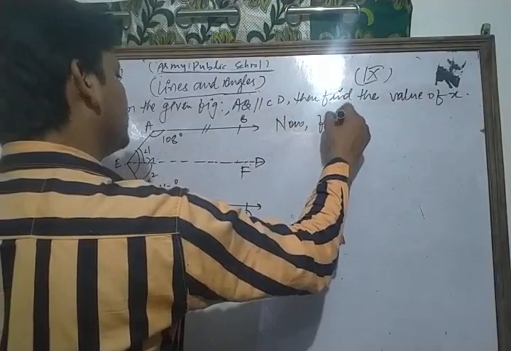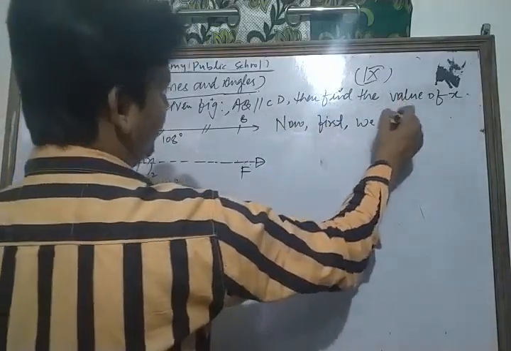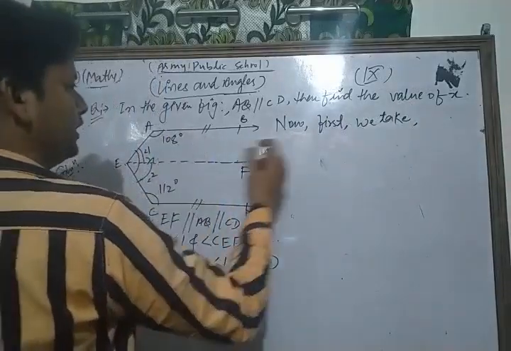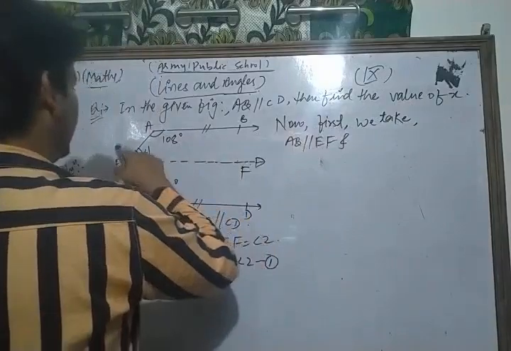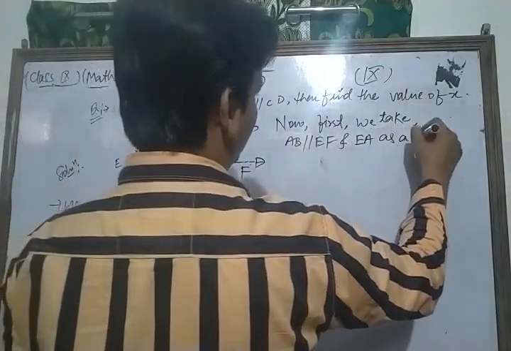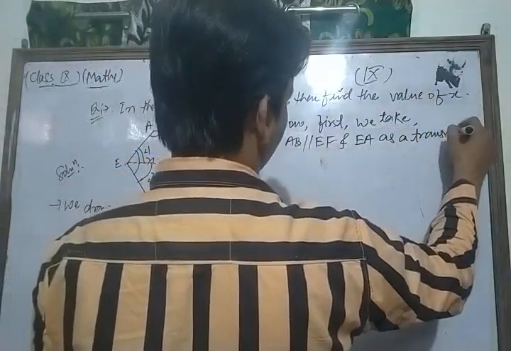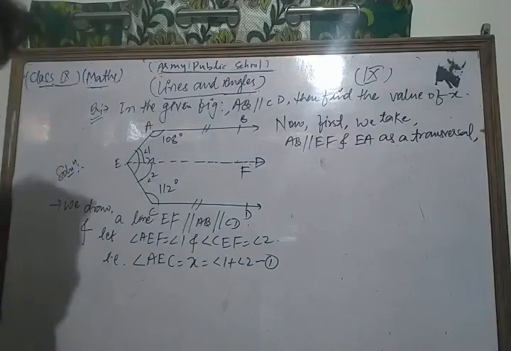First we take AB parallel to EF, and EA as a transversal.